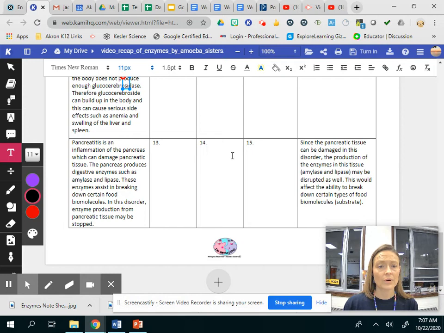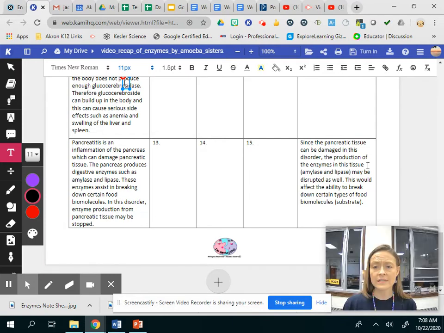So, our enzyme, they are telling us that pancreas produces digestive enzymes such as amylase and lipase, and they're going to break down certain food biomolecules. I'll let you try and guess. What do you think? Amylase and lipase will be, like, breaking down.